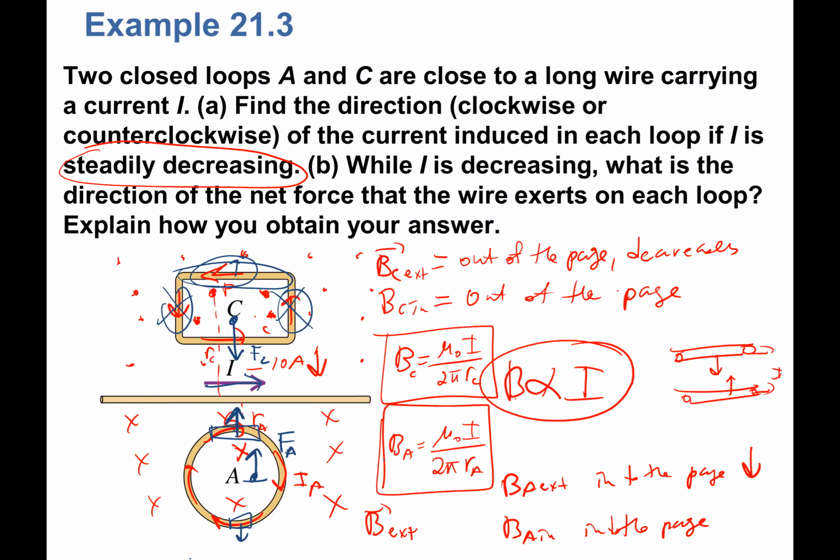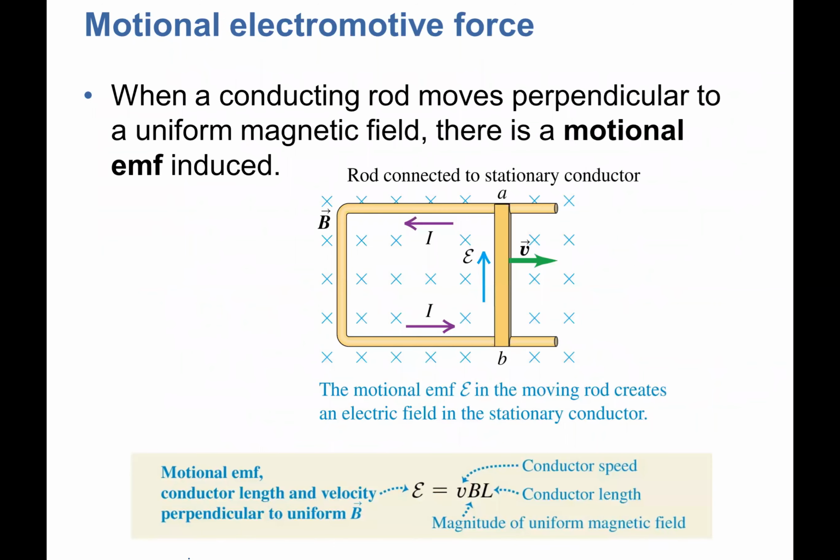All right. So now we're moving to what we call motional EMF, or motional electromotive force. So remember, electromotive force, what we call EMF, was basically some kind of voltage source.